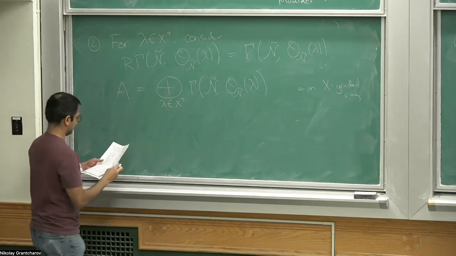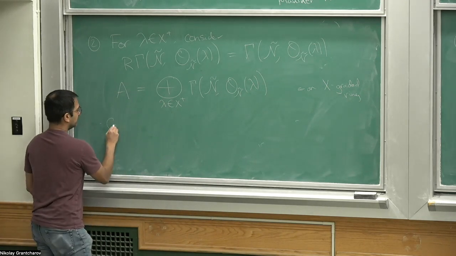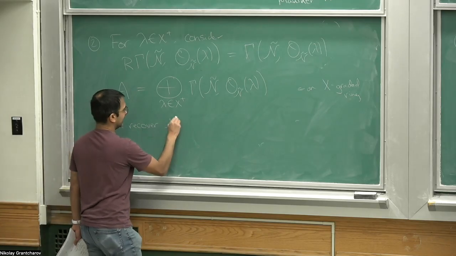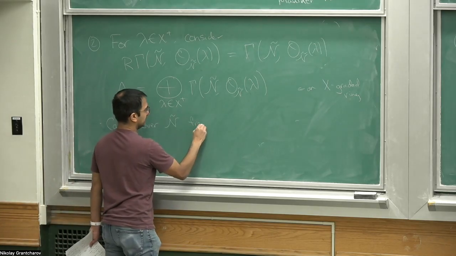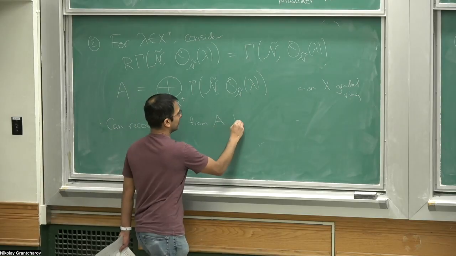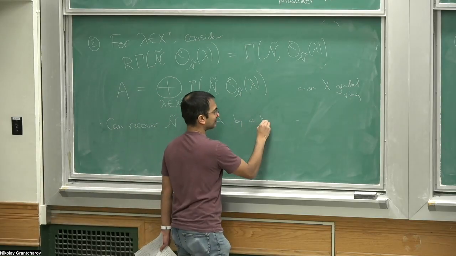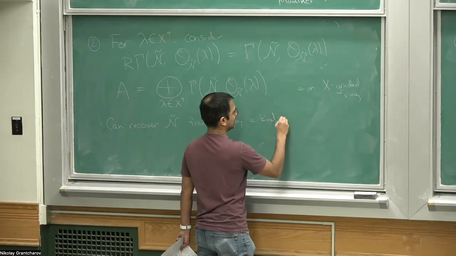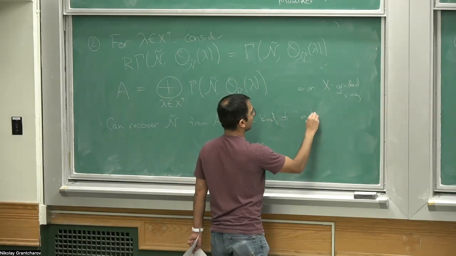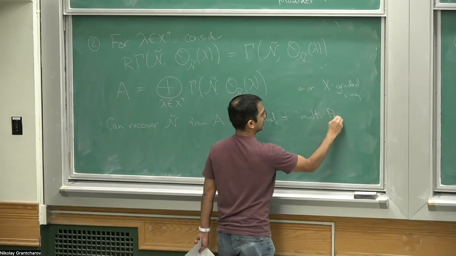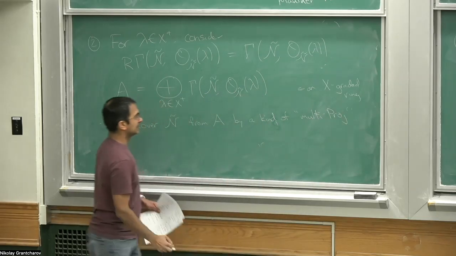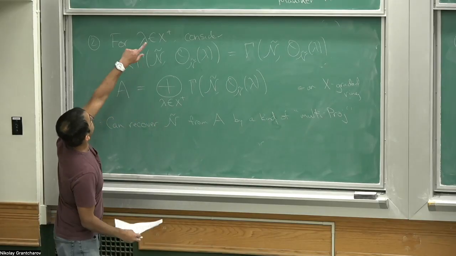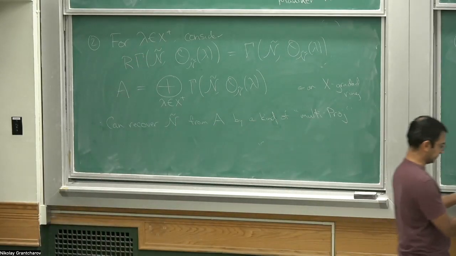And you can recover the variety N tilde from A by some kind of Proj construction, a multi-Proj. This is the key observation that we're going to use to construct the functor in number 2.